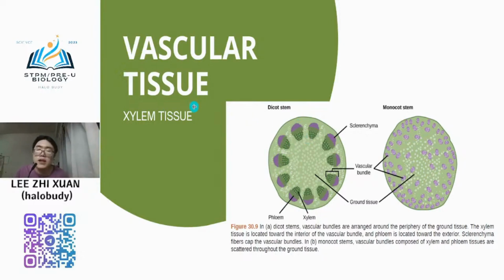Okay, so for today we will focus more on xylem vessel, the xylem tissue. I think everyone should know this structure. This is a dicotyledon plant that contains the vascular bundle. We know that the inner side is xylem and the outer side is phloem. This is something you already learned in Sem 1, I just recap.